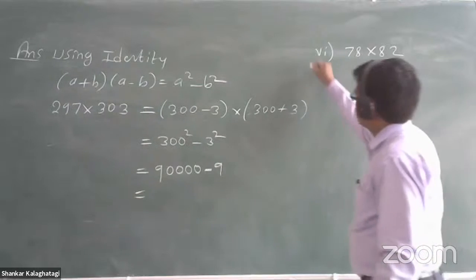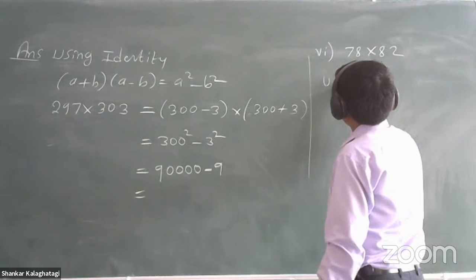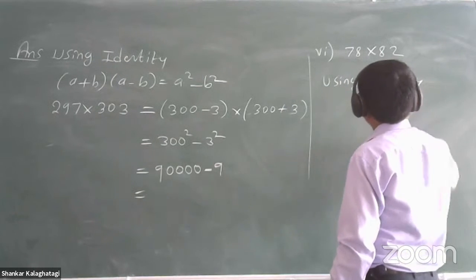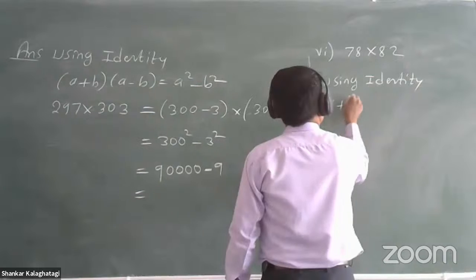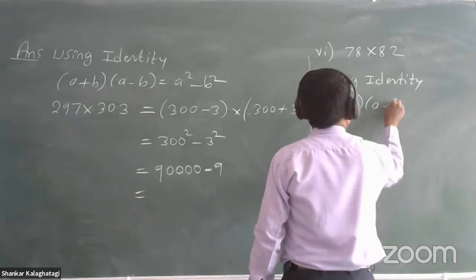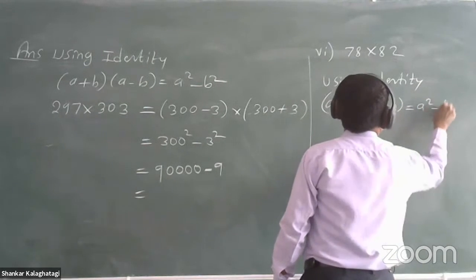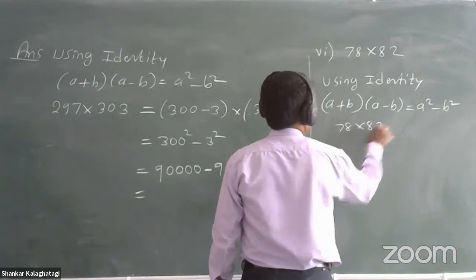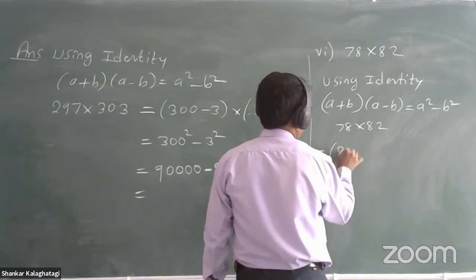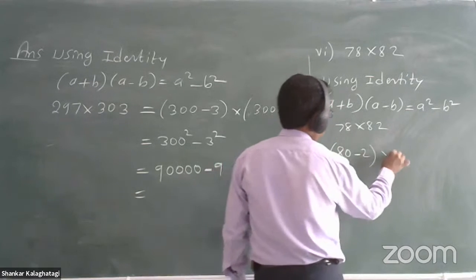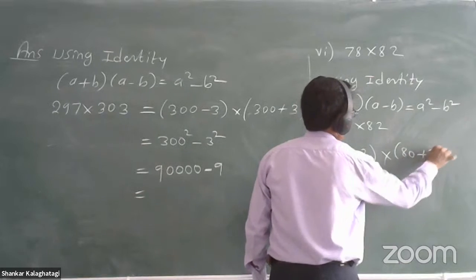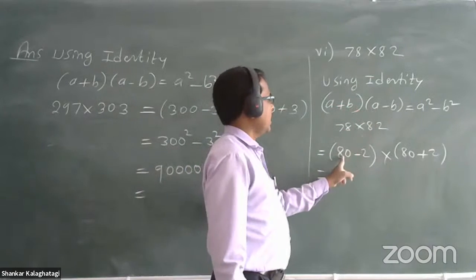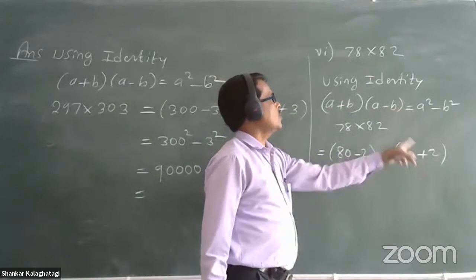Using identity a plus b into a minus b equal to a square minus b square. So 78 into 82 can be written as 80 minus 2 and 80 plus 2, exactly same as this. 80 minus 2, a minus b. 80 plus 2, a plus b.